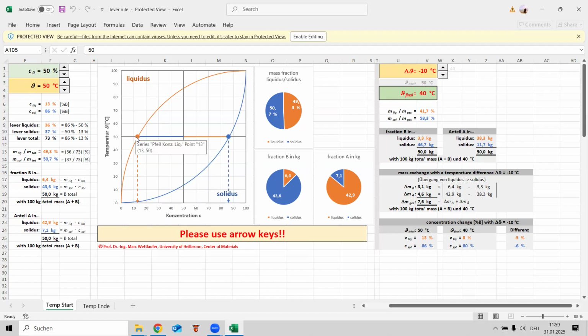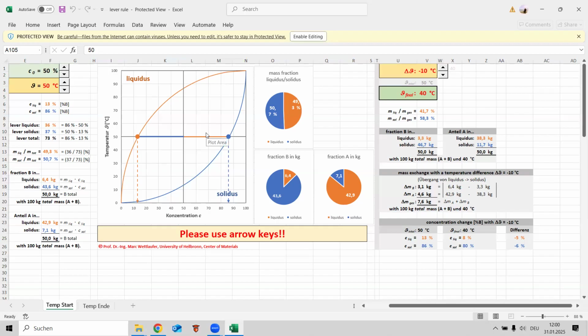So in the liquidus case, it's around 30% in orange and 86% solid in blue. Here we have the liquidus level, this orange.